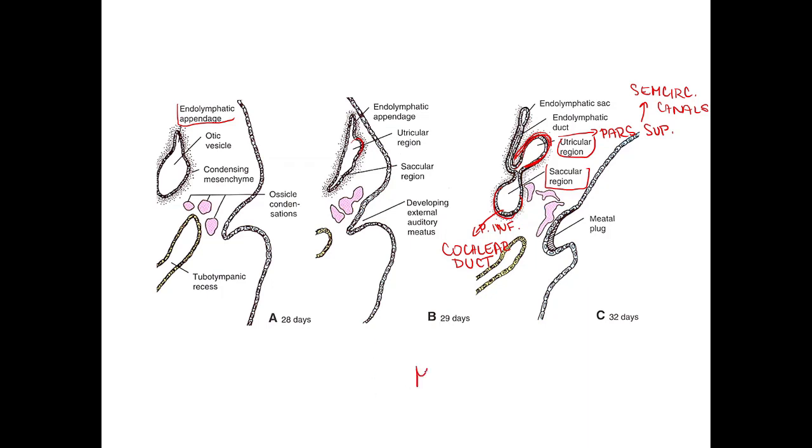Please remember that, membranous labyrinth. Because bones are not from ectoderm, they are from the mesenchyme that is all around. So only the membranous part, that is like epithelium, is from the ectoderm, from this otic vesicle.